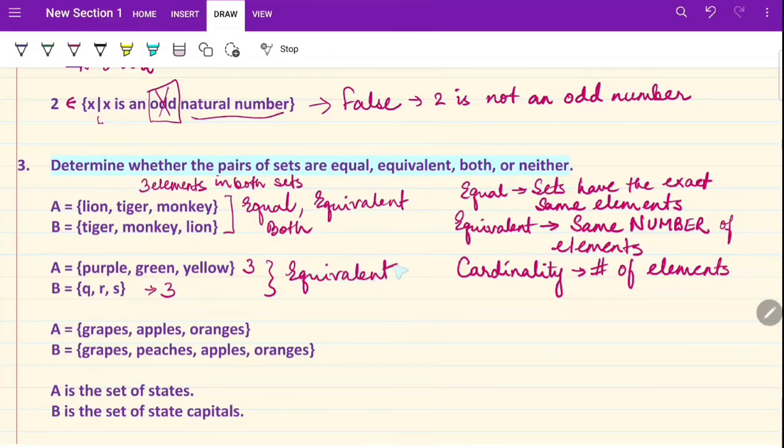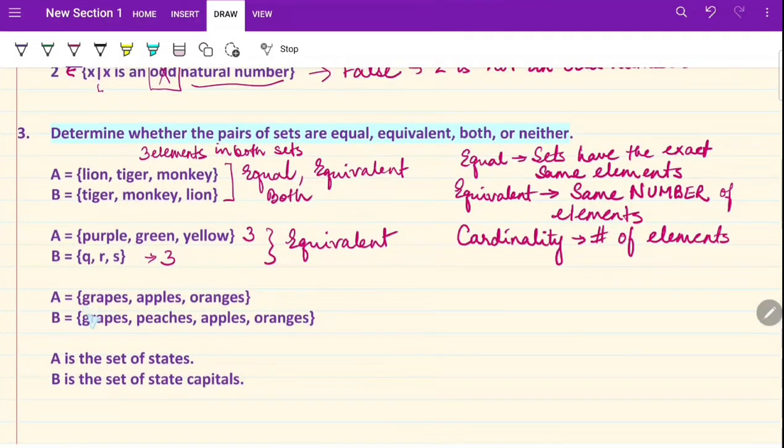They are equivalent sets. What about the next one, where set A has elements grapes, apples, oranges, and set B has grapes, peaches, apples, oranges? So first of all, there are some elements that are common in both A and B. However, for two sets to be equal, they have to have the exact same elements. Now, B has an extra element called peach, which is not in A, correct?